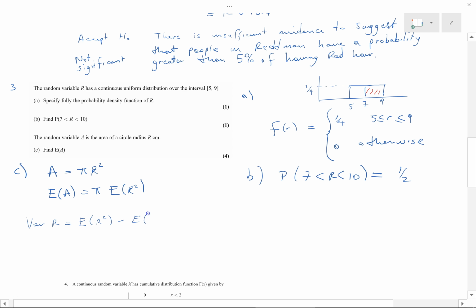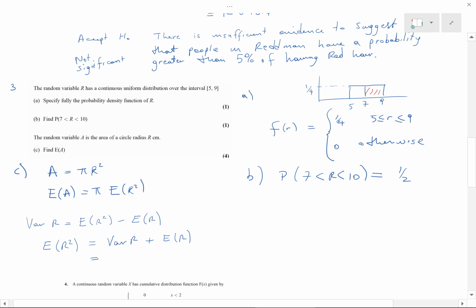So we want E(R squared), and we know E(R), because E(R) is going to be equal to 7 because it's halfway along. So we can say that E(R squared) equals the variance of R plus the mean of R squared.